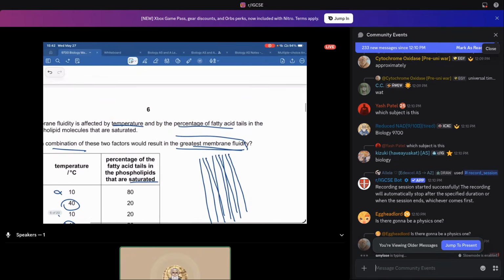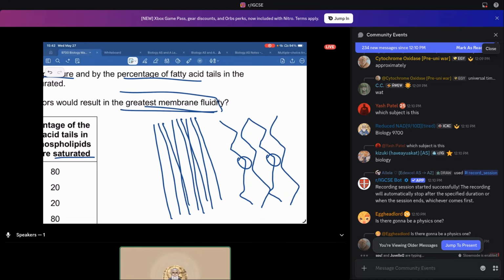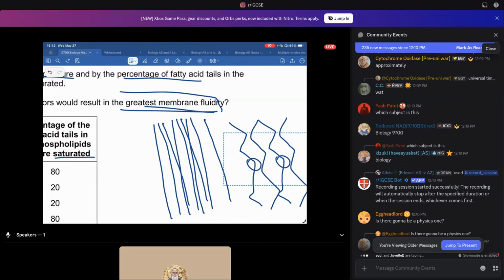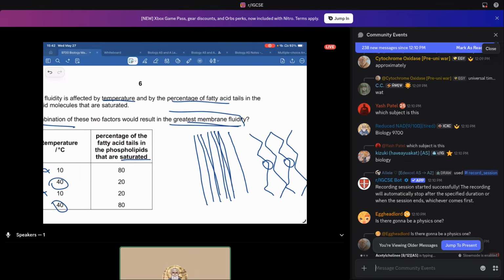But when introducing a double bond, when introducing the unsaturated fatty acids, space is formed. These are called kinks. So I cannot fit the same number in the same amount of space. See here? Just graphically, saturated means no double bonds, so no kinks.